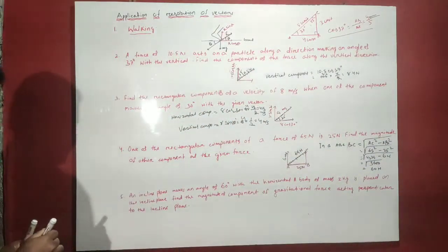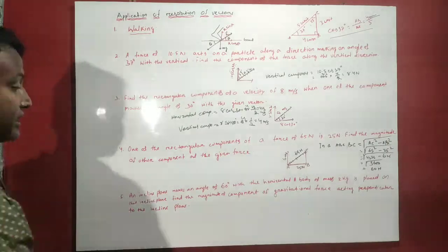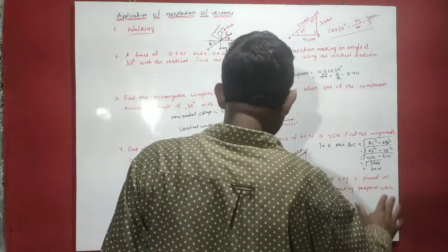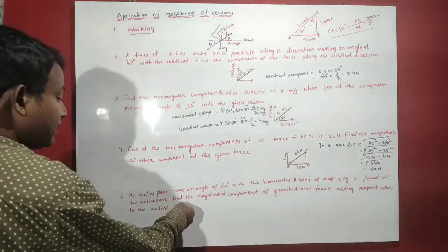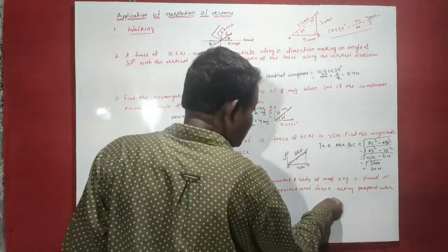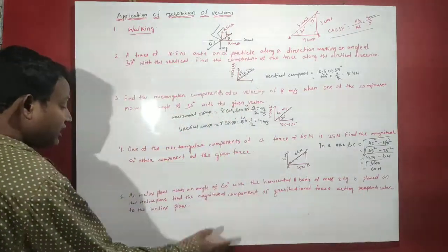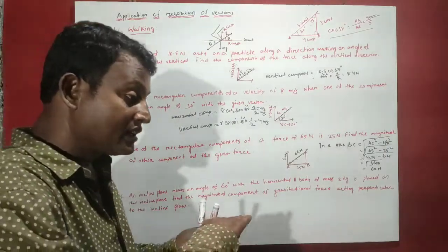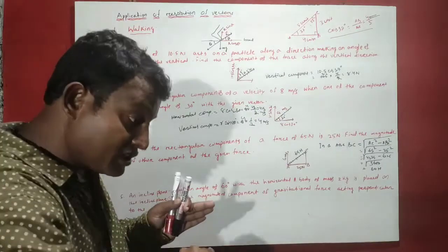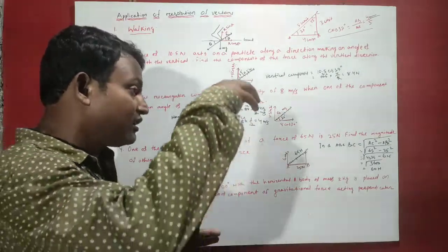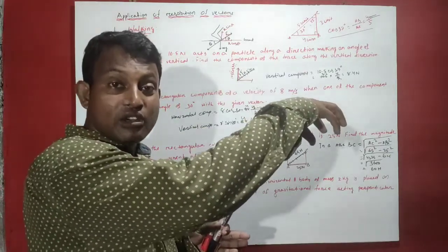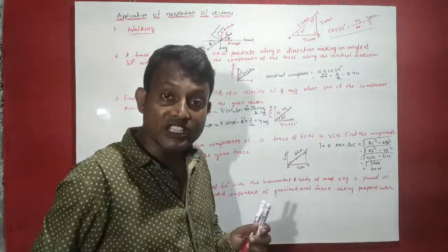Our last problem is: an inclined plane makes an angle of 60 degrees with the horizontal. A body of mass 2 kg is placed on that inclined plane. Find the magnitude of the component of gravitational force acting perpendicular to the inclined plane. That means there is an inclined plane which makes an angle of 60 degrees with the horizontal. On the inclined plane there is a body of 2 kg.